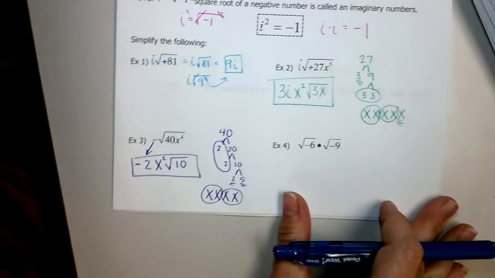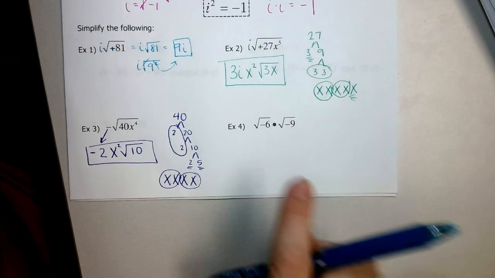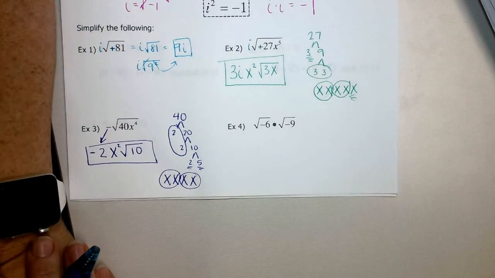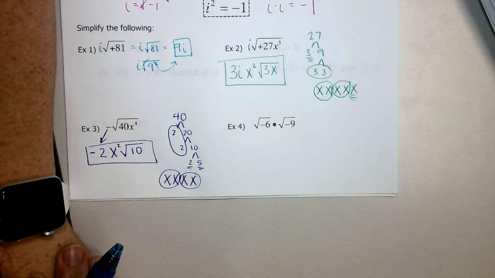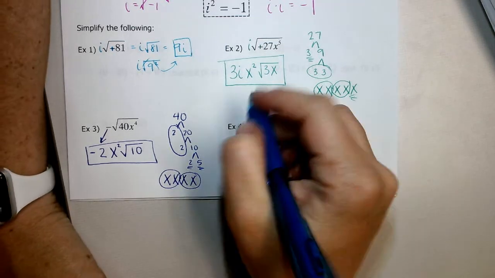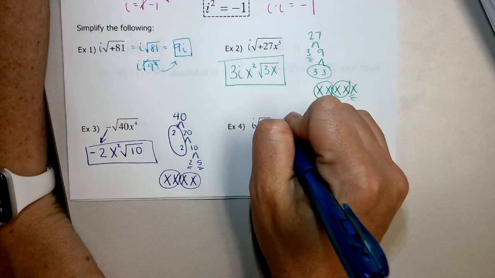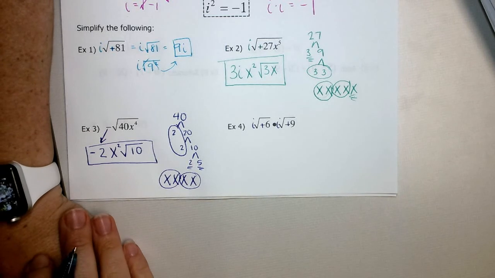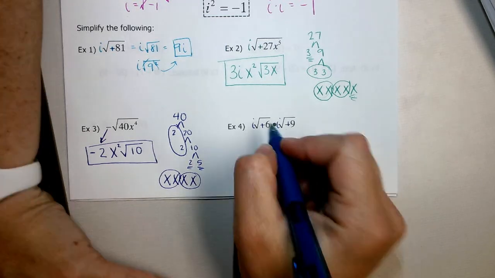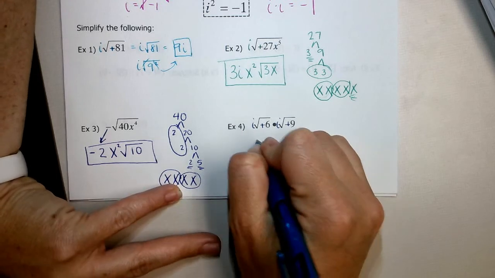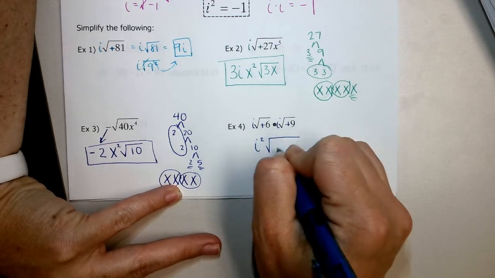Okay, so example 4, it's an imaginary number times an imaginary number, right? You have to take out your imaginary first. So we're going to have i positive. Because I put the i out, it became a positive number on the inside. Well, that just means i times i, which is i squared, times the square root of 6 times 9.